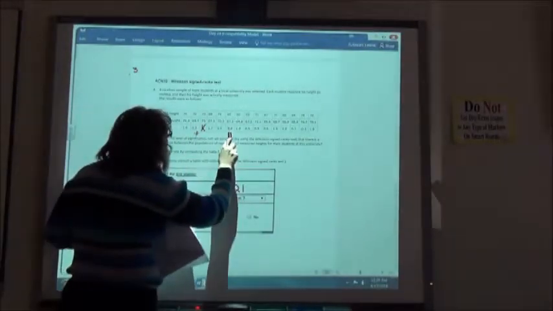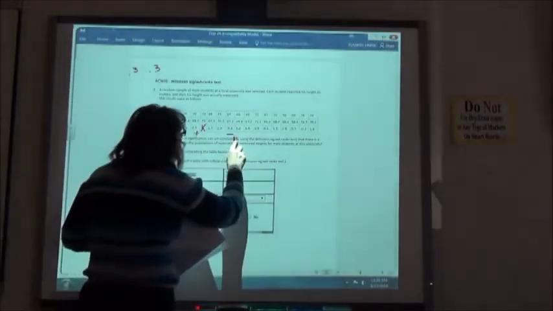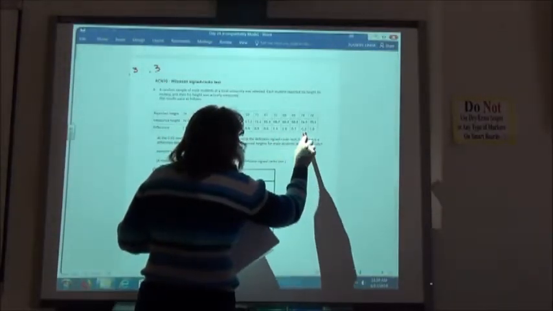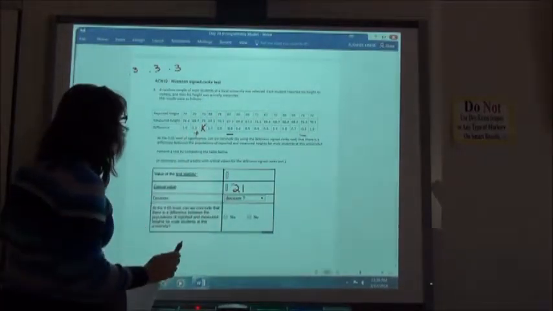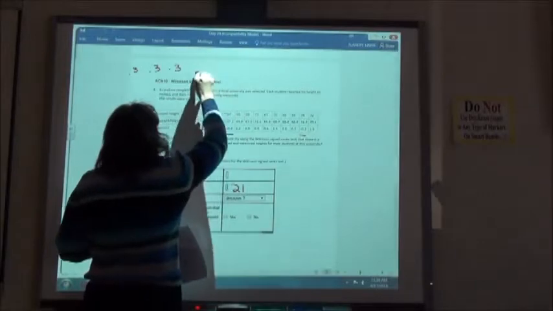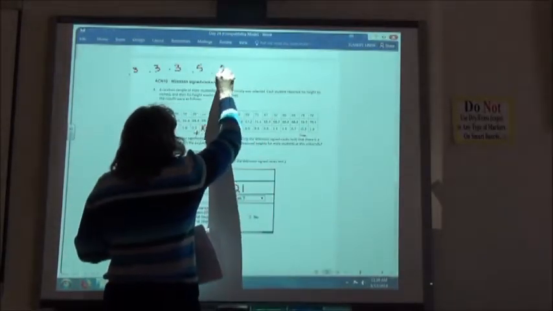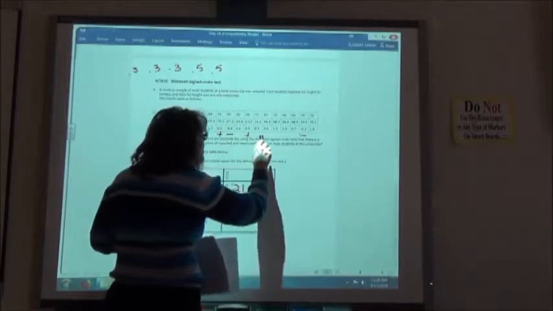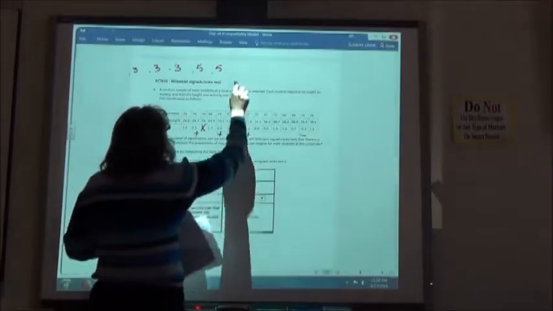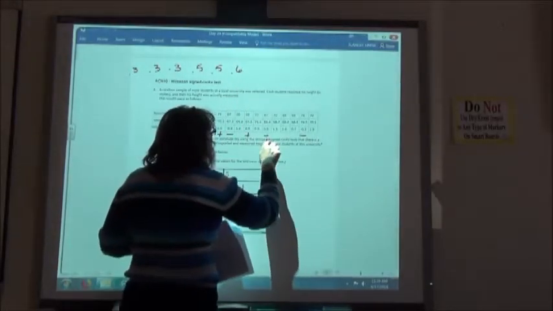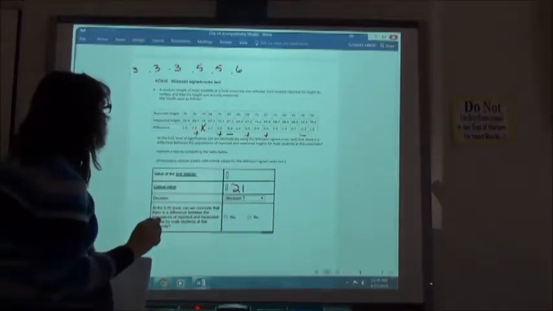I have another 0.3 that was negative, and another 0.3 that was negative. My next number is 0.5. I have a 0.5 that was positive, and another 0.5 that was positive. Don't have any more 0.5s. The next number I have is 0.6, which is positive. I don't have any other 0.6s.